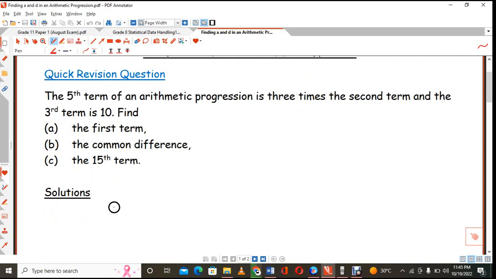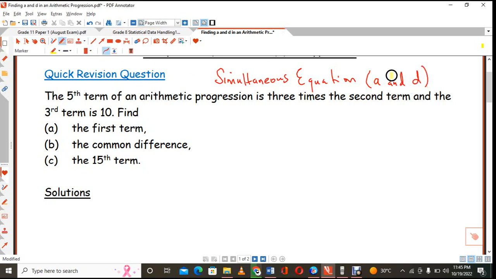I also know that somehow I'll have to deal with simultaneous equations because you are looking for two variables, that's the A and the D. That's already your hint, because once you're looking for two unknowns and you're given a set of information, it most probably means that you'll have to create two equations and solve them simultaneously.